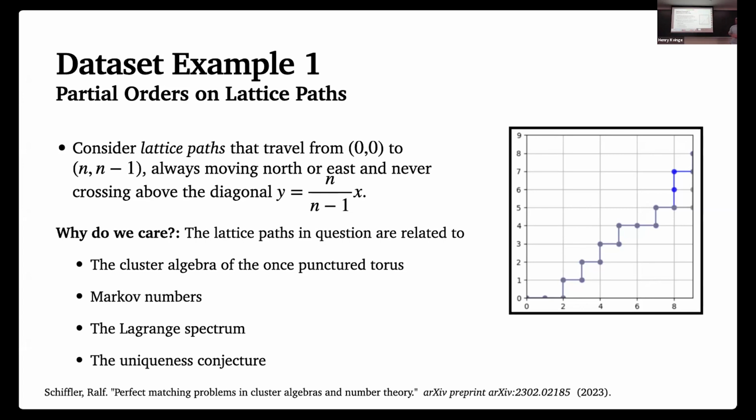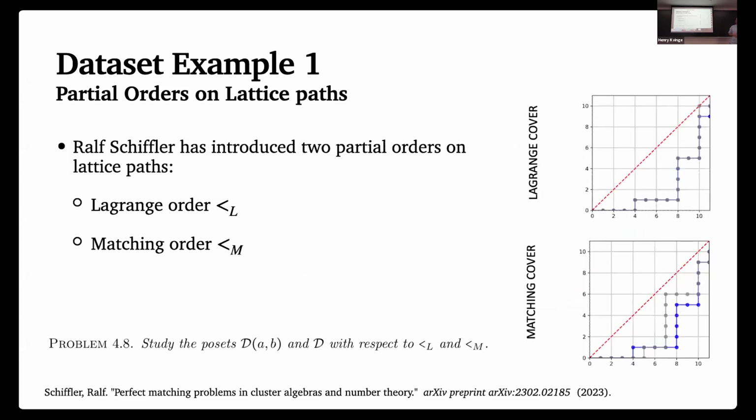It turns out these are important for some things I'm not qualified to talk about, but some cluster algebra results, Markov numbers, the Lagrange spectrum uniqueness conjecture. These were posed by Ralf Schiffler in a recent paper. In the process, he defined two partial orders on these that come from some of these connections. They relate to continued fractions. I don't remember off the top of my head the exact definitions of them. And he posed this problem to study these posets.